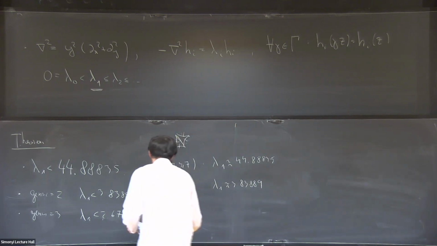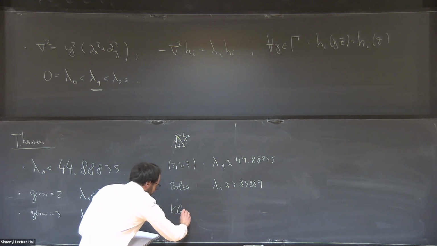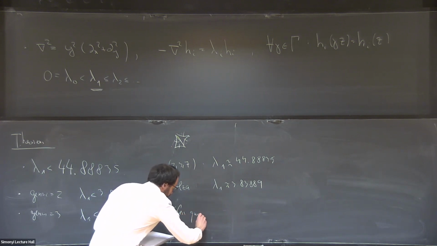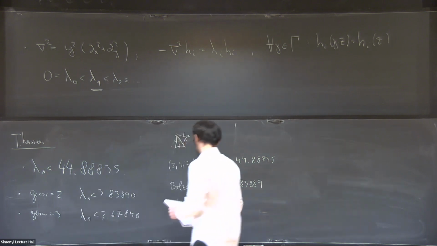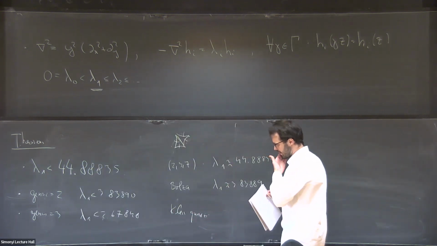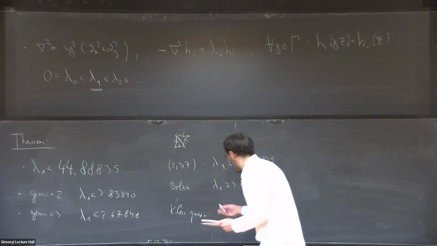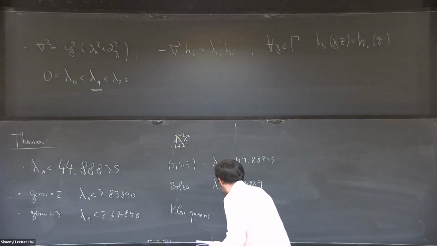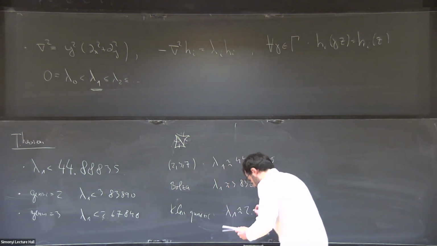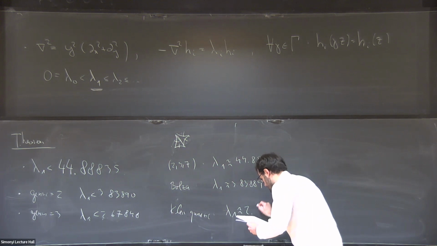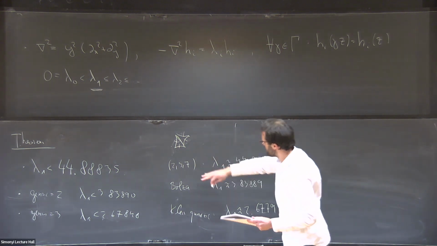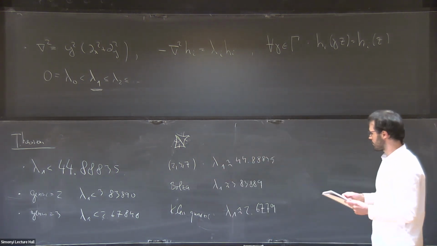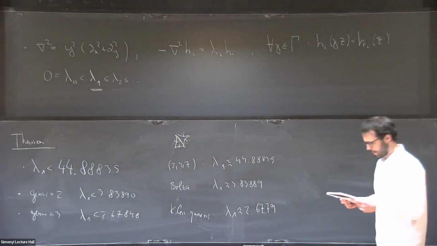And in genus 3, there is the Klein quartic, which is an example of a Hurwitz surface, which maximizes the automorphism group. The Klein quartic has lambda 1 about 2.6779, I think. So in all of these cases, the bound is not quite saturated, but saturated to a fairly high number of decimal places.